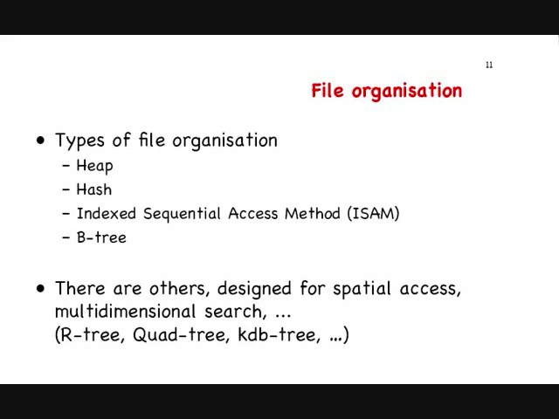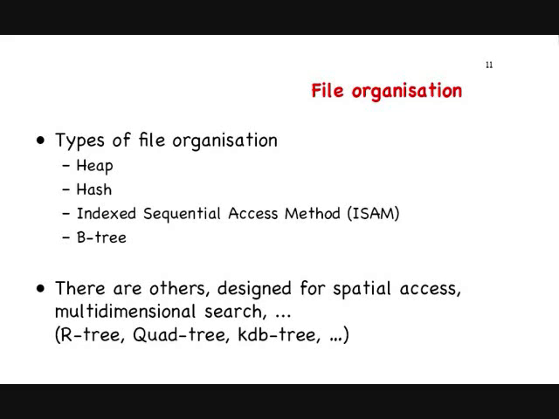We do better. Now, heap files do have their uses, but we'll come to the specialised uses in a minute. We have 3 other sorts which are of interest to us: hash files, ISAM files, and B-trees. ISAM and B-tree are both index methods.